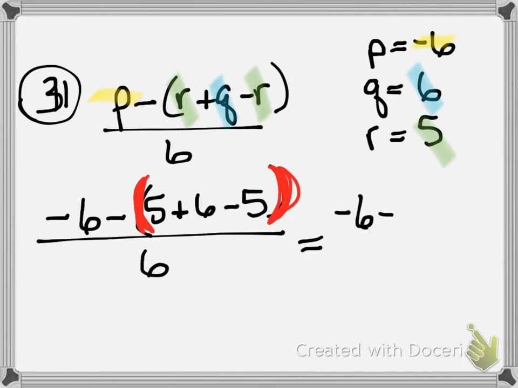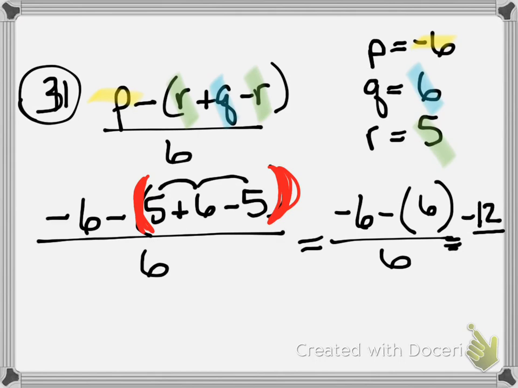So it's negative 6 minus, inside the parentheses, 5 plus 6 is 11, minus 5 is 6, all over 6. So now we have negative 6 minus 6, which is negative 12, all over 6. And when you do that simplification, that becomes negative 2. So the correct answer to 31 is A.